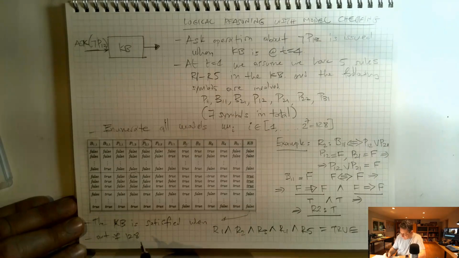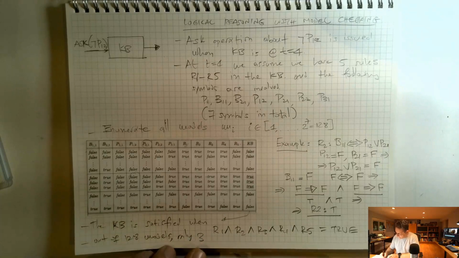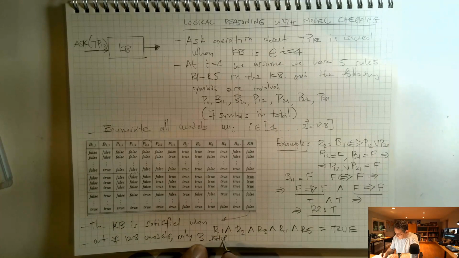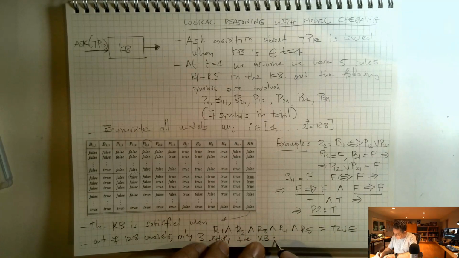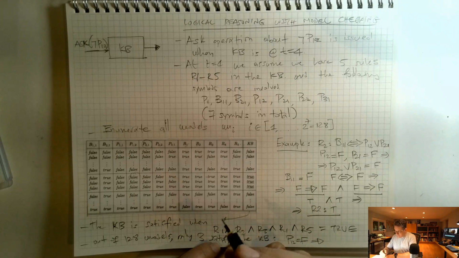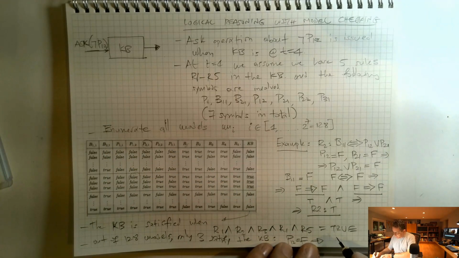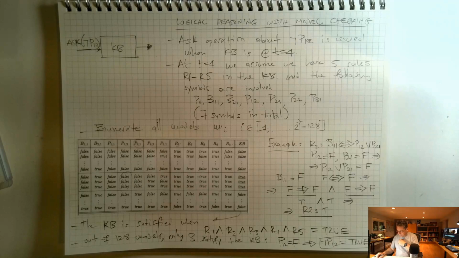Out of 128 models, only 3 satisfy the knowledge base, and in those three models, P12 is false. Therefore, what the knowledge base will respond is true, that there is no pit in P12. And this is how we came to define that value. That's how the machine will actually do it.